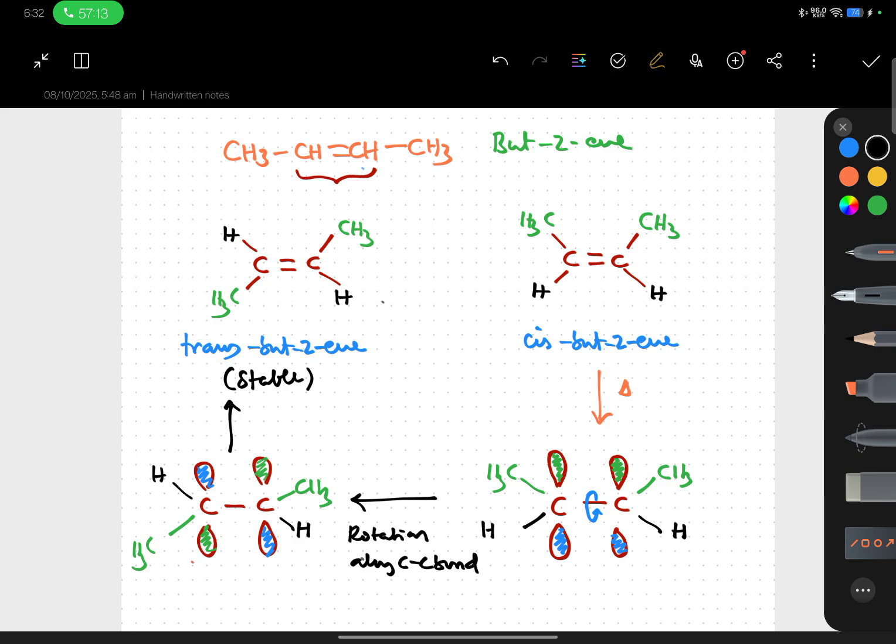So why is trans always stable when compared to cis? Because the bulky groups are in the opposite direction. The molecule will have less energy. Lesser the energy, greater the stability. So energy for this is less. It has more energy.